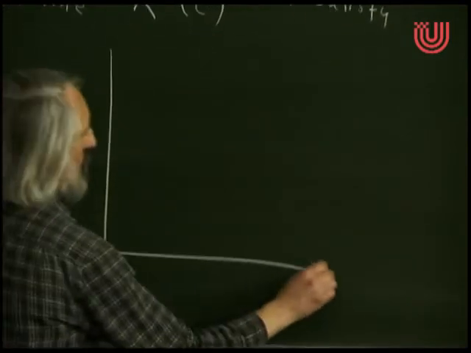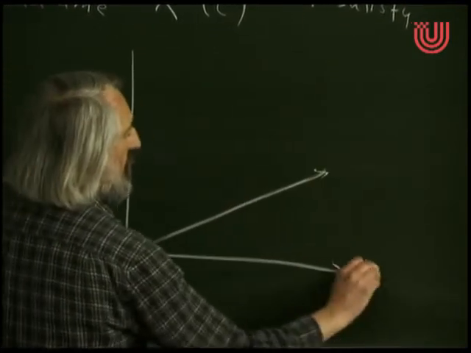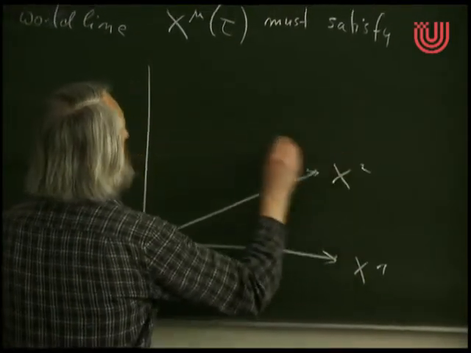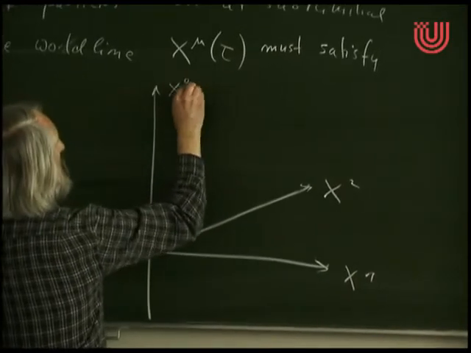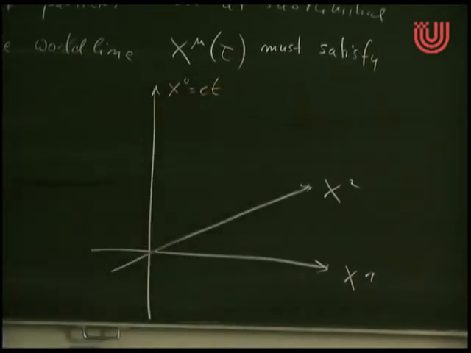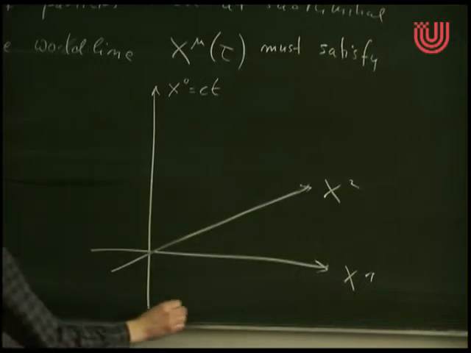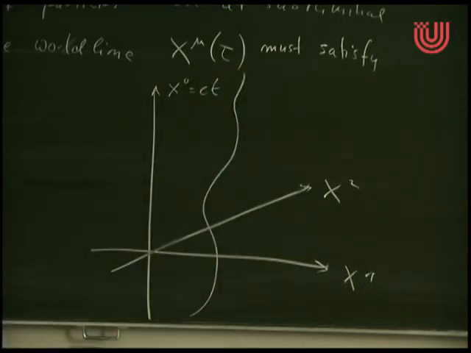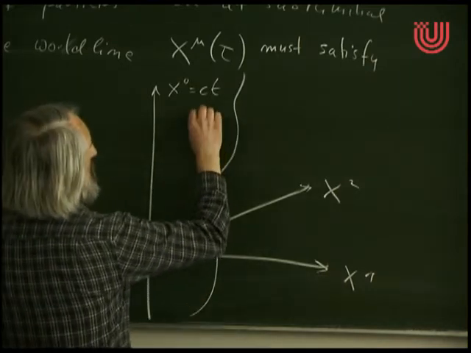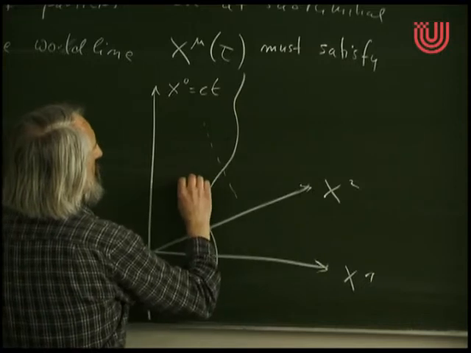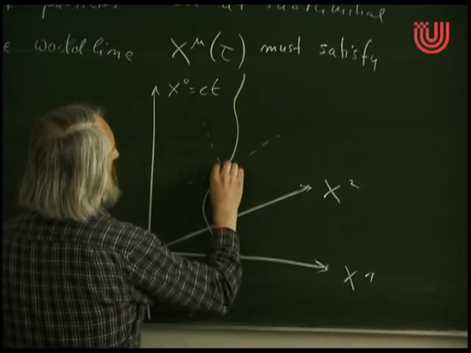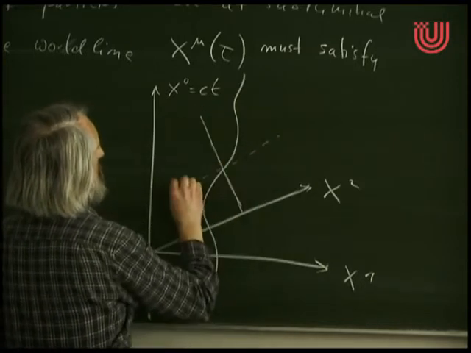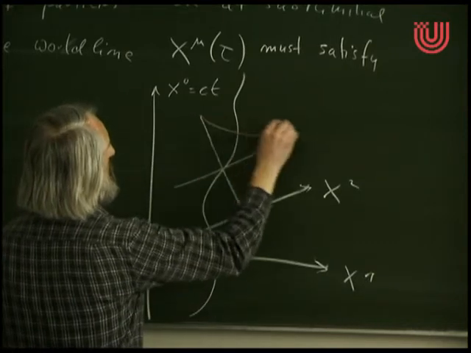Well, in terms of a picture, we can immediately say what the condition is. If I have here my space-time in a certain coordinate system, x^0, which is ct, and now the world line of the particle is something like that. The condition that it moves at subluminal speed means, if you remember, that the tangent vector must be inside the light cone, right?